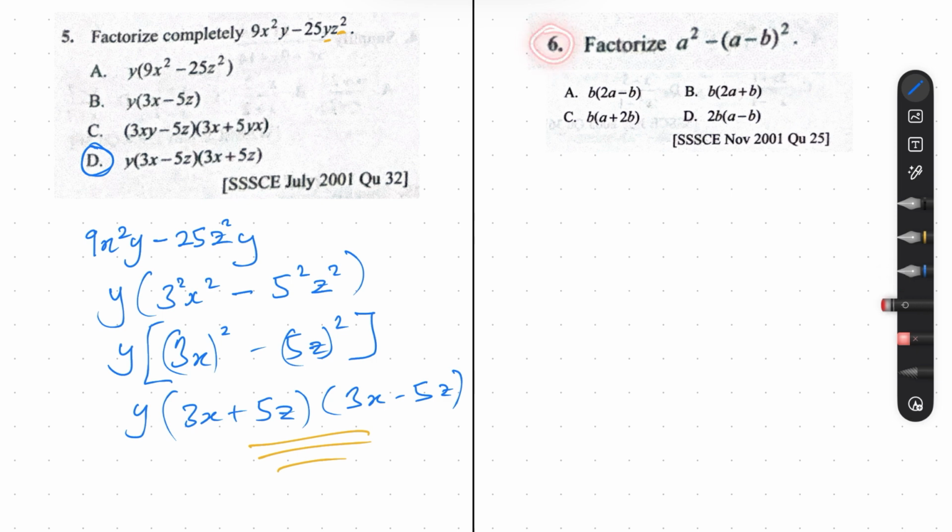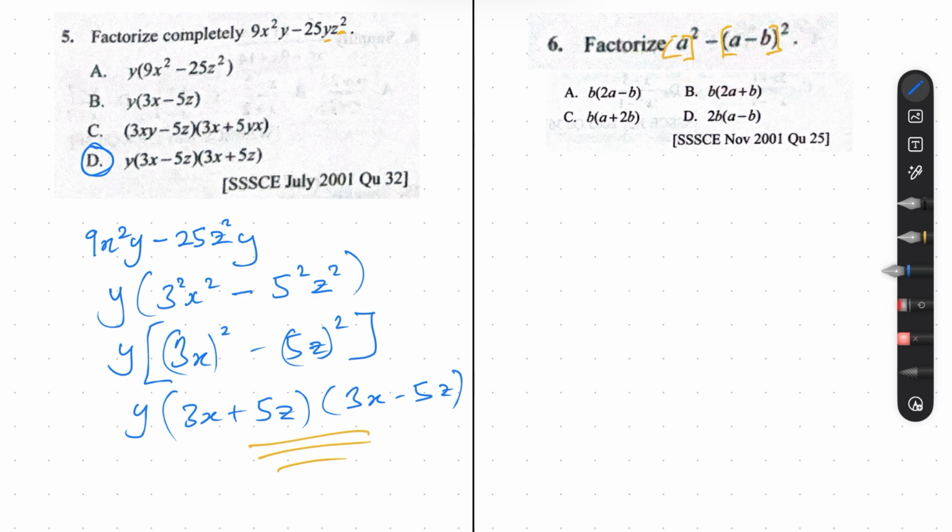Question number 6 says factorize a squared minus a minus b squared. At once, I can see that this is also a difference of two squares, because here is a square, and here is also a square. So let's just do that.